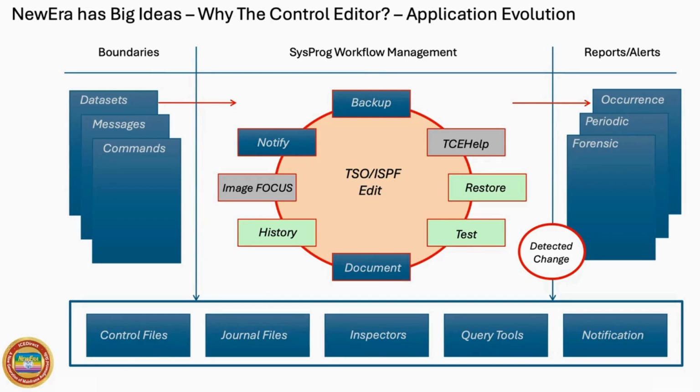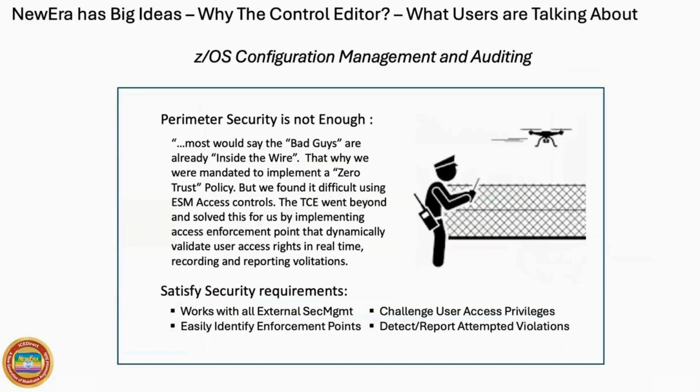Now, how users use the control editor is dependent on what type of a problem they're trying to solve. And one of those that's on the minds of many people today is the issue of perimeter security and the concern that it's simply not enough to deter problems of security from reaching into mainframe data.